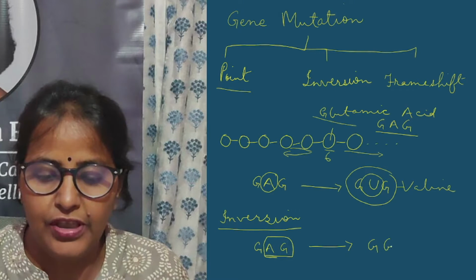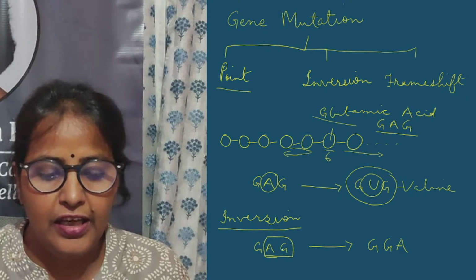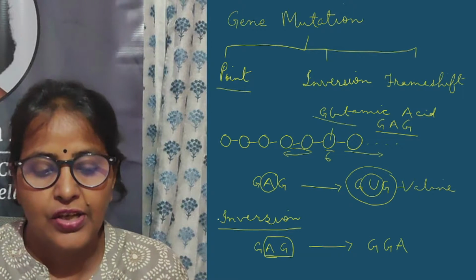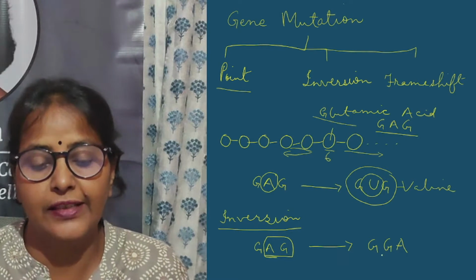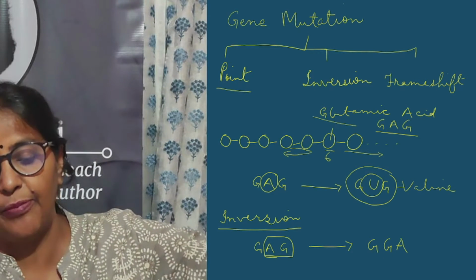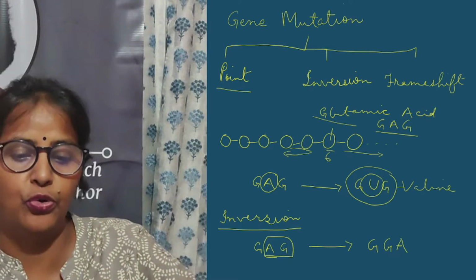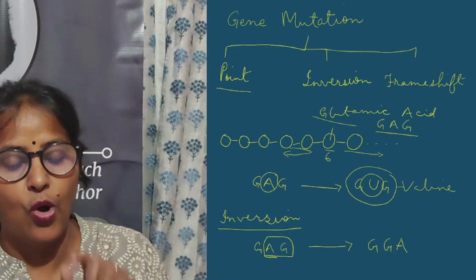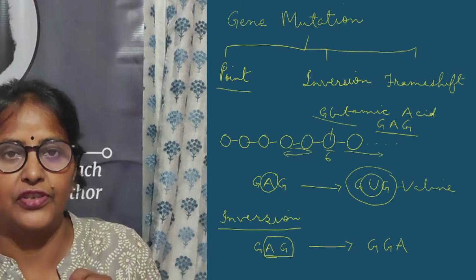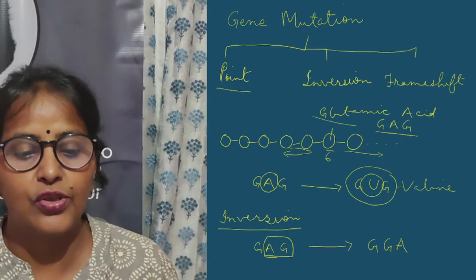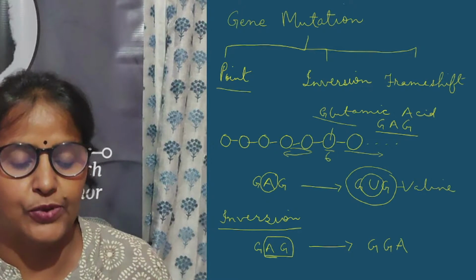It will become GGA. G and A have changed their positions. So this type of mutation is known as inversion. In this case also, all the amino acids which are present before glutamic acid or after glutamic acid will remain the same. Only one amino acid will change because of change in the position of two bases. So these are two different types of gene mutation.